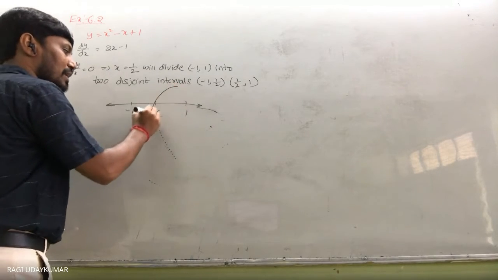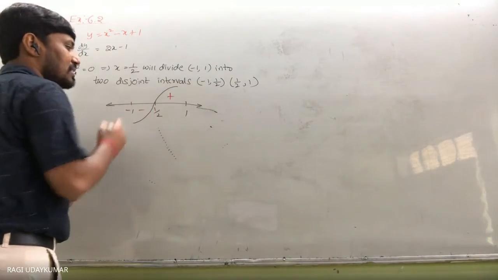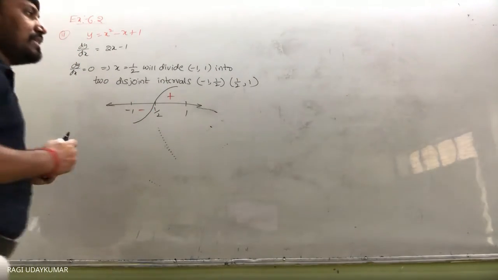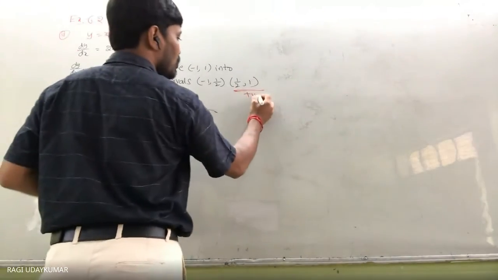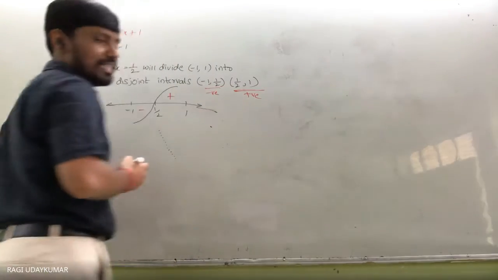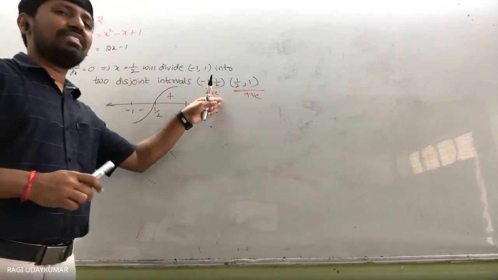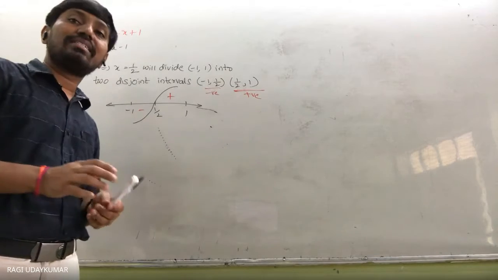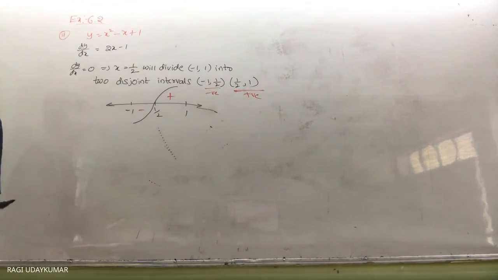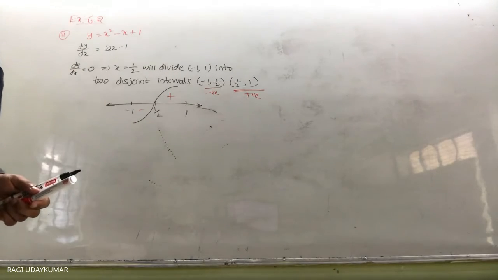So you are going to get the curve like this. Here it is positive, here it is negative. Therefore, in one interval dy by dx is negative, in another interval it is positive. Therefore you can say that it is neither increasing nor decreasing.